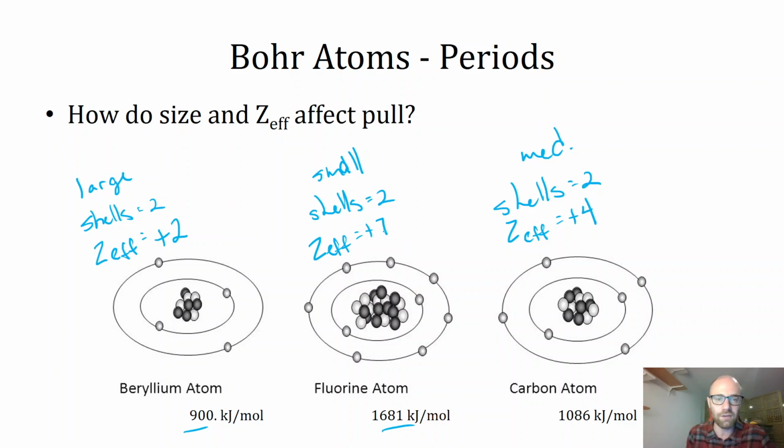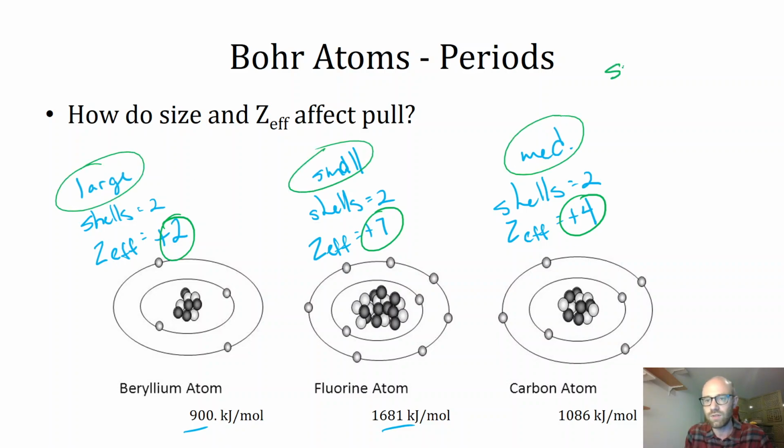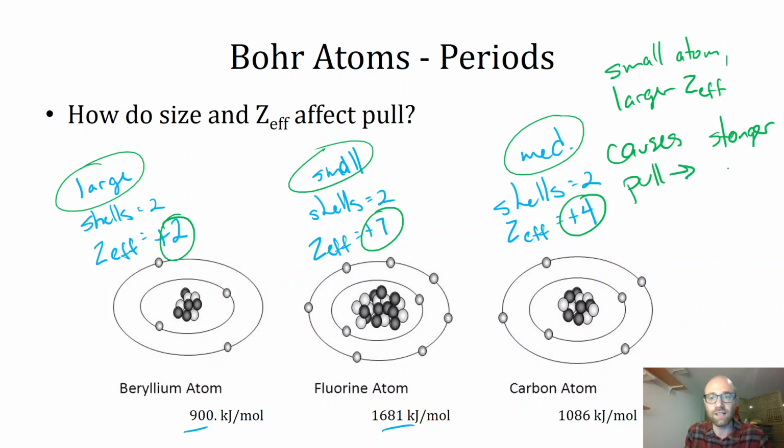So I think the other thing we also probably should focus on is this effective nuclear charge. So the two things that seem to matter are both size and effective nuclear charge. So a small atom, but also a larger effective nuclear charge causes a stronger pull on the electrons, which would then yield a high ionization energy.